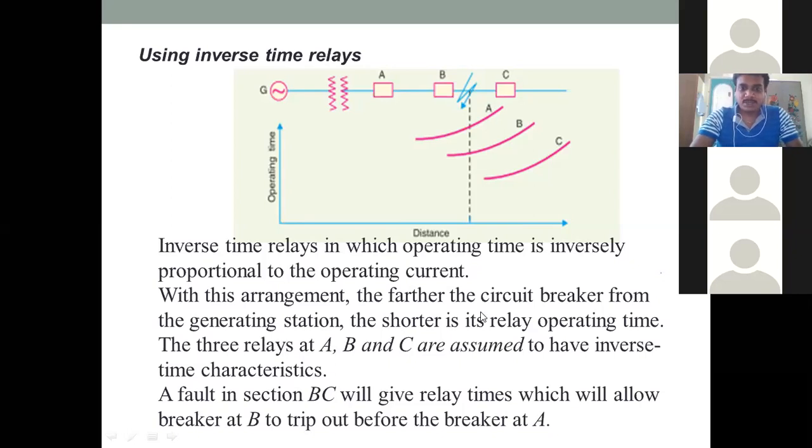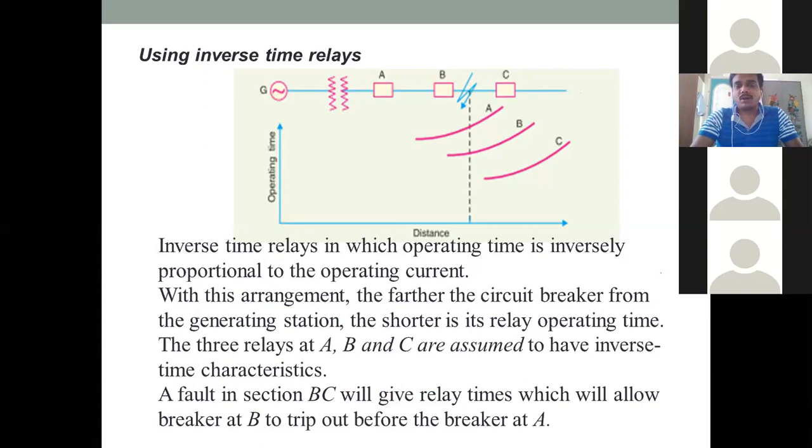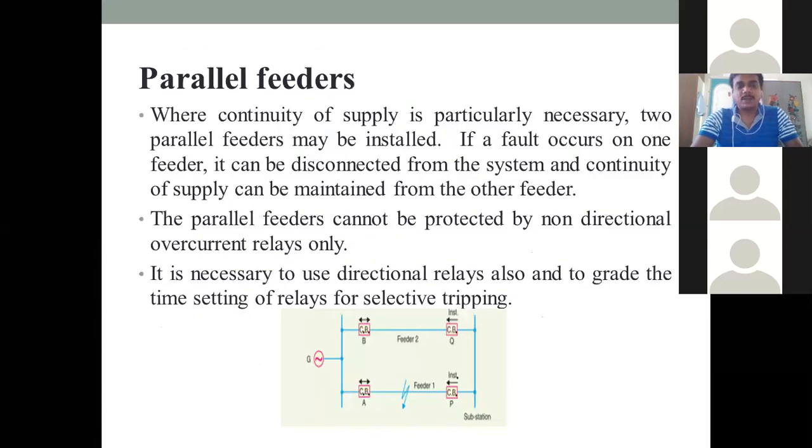So with this arrangement, you have 3 relays A, B, C with the inverse time characteristics shown in this figure. As I told, if a fault occurs between B and C, the breaker here will operate. Up to B you will have supply, after B, C will not have the supply, okay. Since it is inverse, you will get a graph like this.